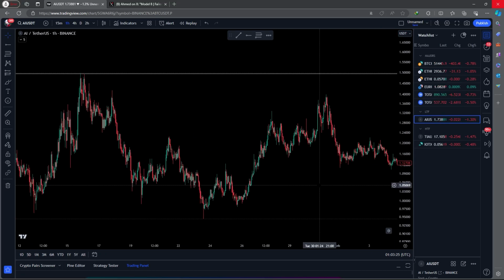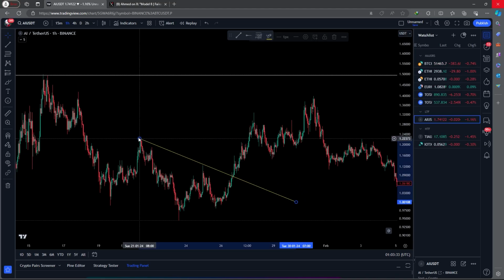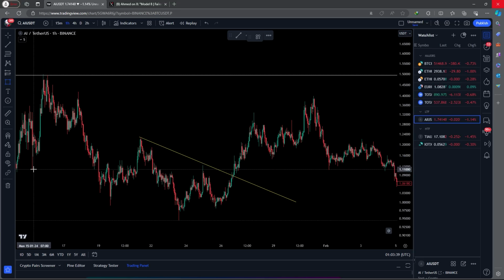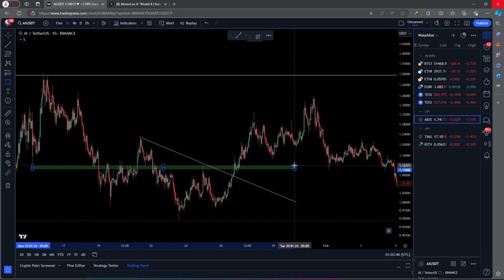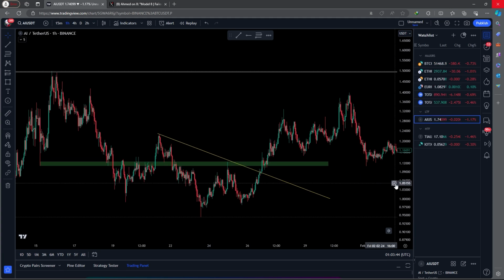Okay, I see one over here. It's not really good, but still there. Okay, you have a breakout. You have an SR flip.